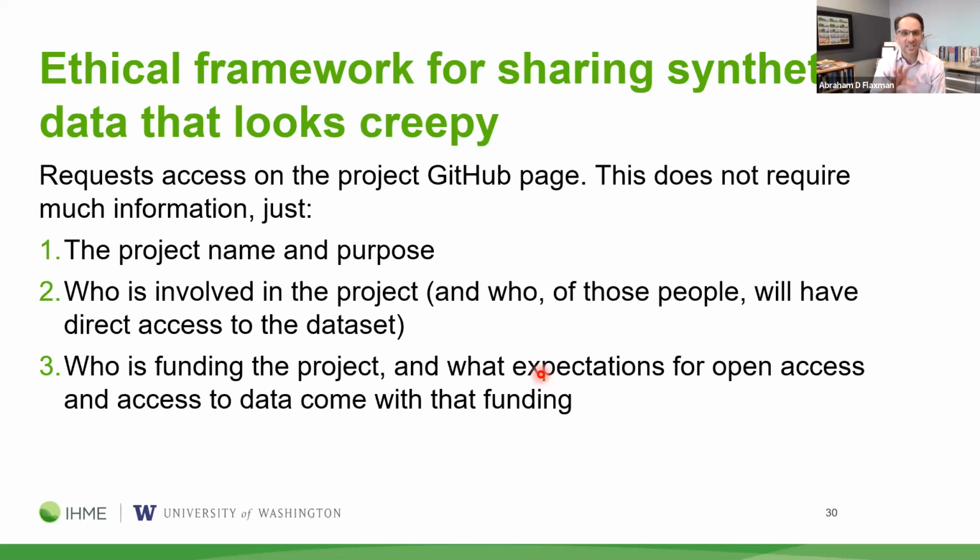We're trying to make this lightweight so it doesn't require much information. You tell us the name and purpose of the project you want to use it for, who's involved in the project and who's going to be working with this large-scale simulated data, and a little bit more about who's funding the project and if there's any conflict we can anticipate about requirements for open access based on that funding.